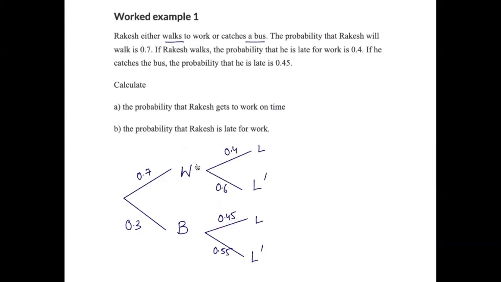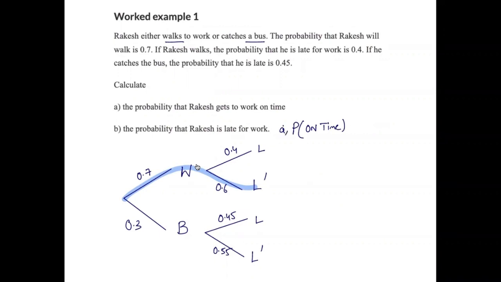Okay, so we need to calculate the probability that Rakesh gets to work on time. Getting to work on time means that he is not getting late. So you need to find the probability that he is on time. On time means that he is not late.